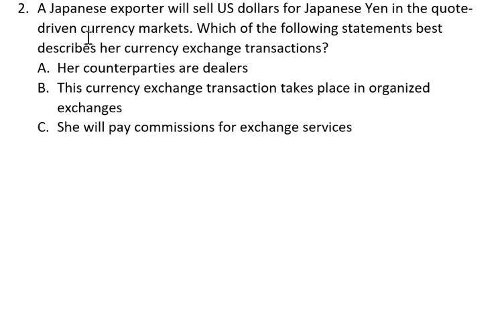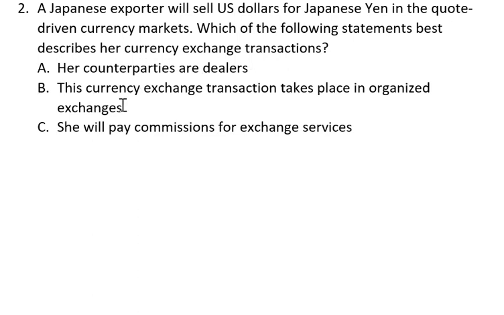Question 2. A Japanese exporter will sell US dollars for Japanese yen in the quote-driven currency markets. Which of the following statements best describes her currency exchange transactions? A. Her counterparties are dealers.